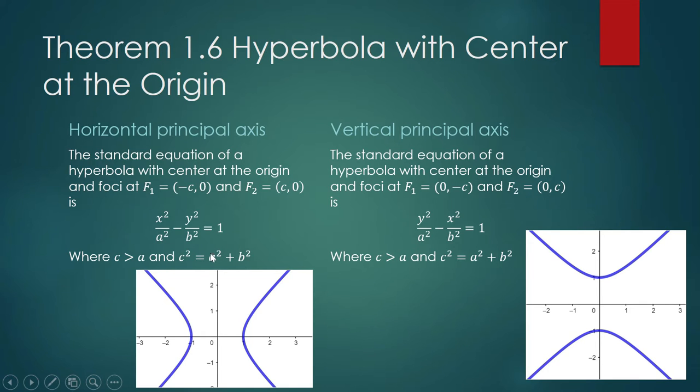Now look at this. When the term that comes after the minus is y squared, the principal axis is horizontal. When the term that comes after the subtraction is x squared, the principal axis is vertical.